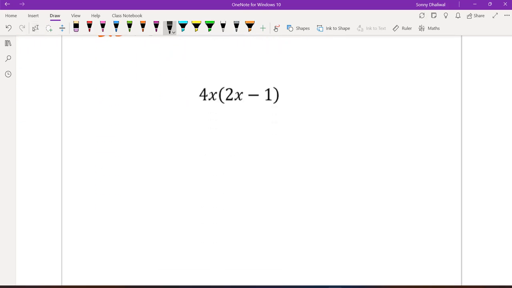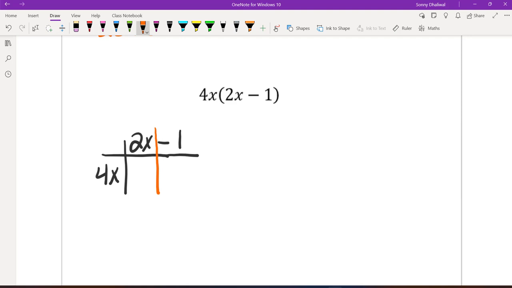Okay, we're going to set up the area model here. 4x goes here, 2x minus 1 here. Okay, I'm going to draw that line. So what goes in the first box? Has everybody got that written out yet? Have you figured it out?